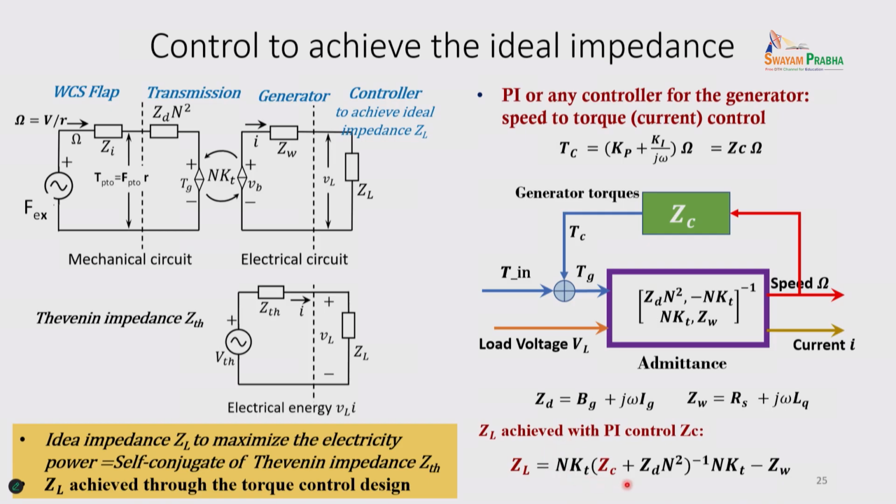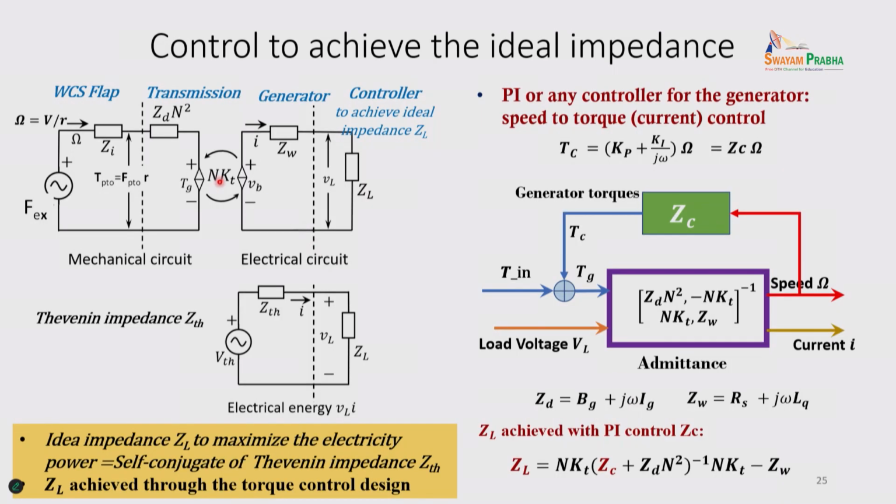Basically, you control the motor: measure speed, control the torque or current, and achieve the ideal electric impedance. So that is to show how the impedance is controlled with motor torque control.